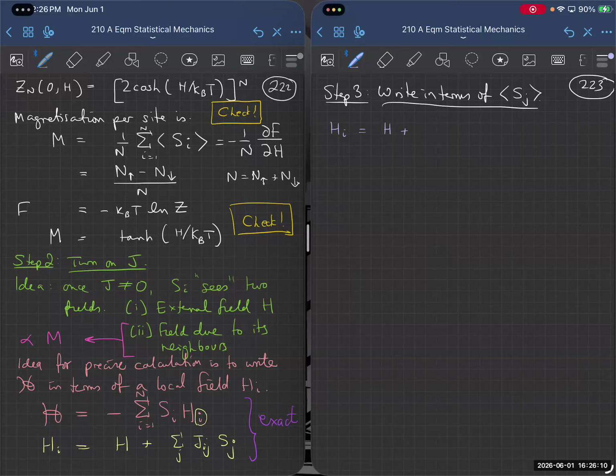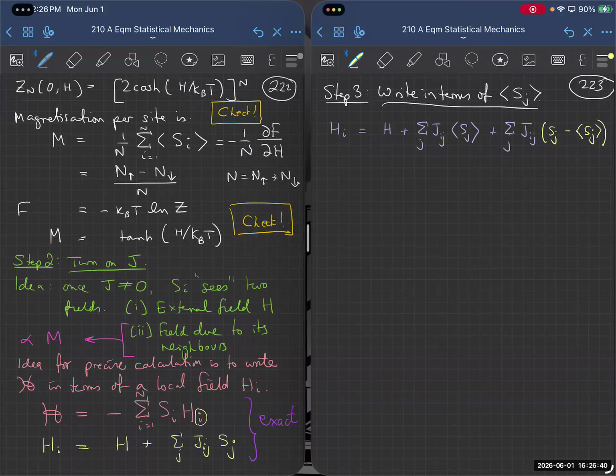I'm going to write it like this: the sum over j of J_ij times the expectation value of S_j, plus the sum over j of J_ij times (S_j minus the expectation value of S_j).